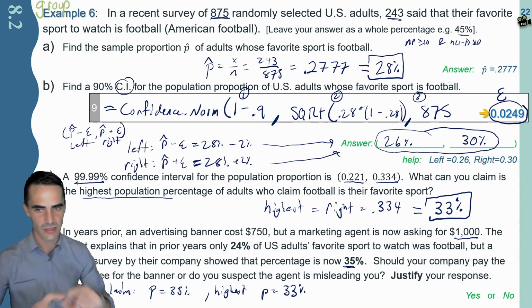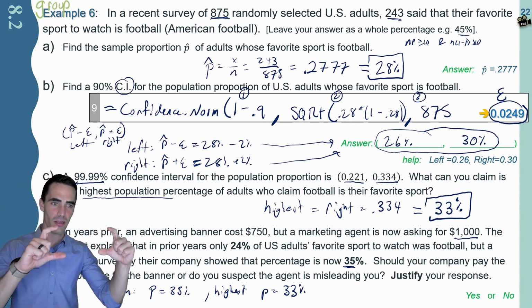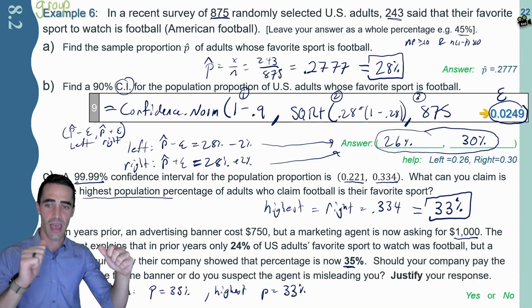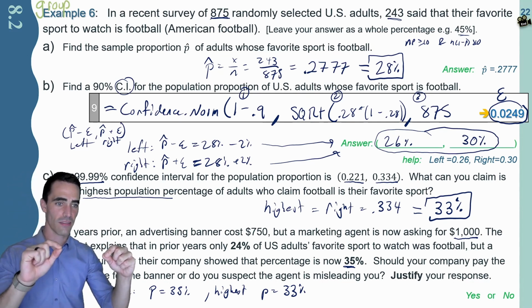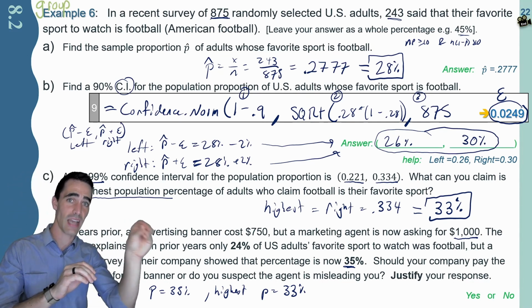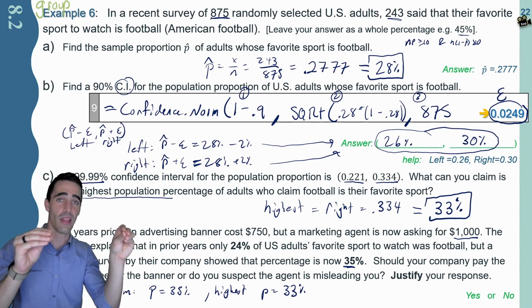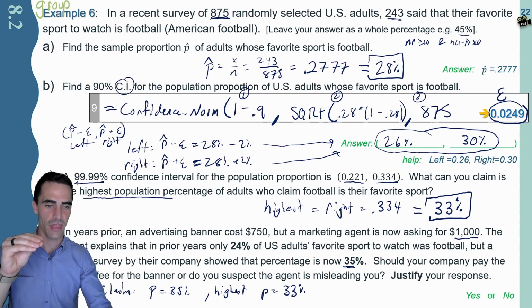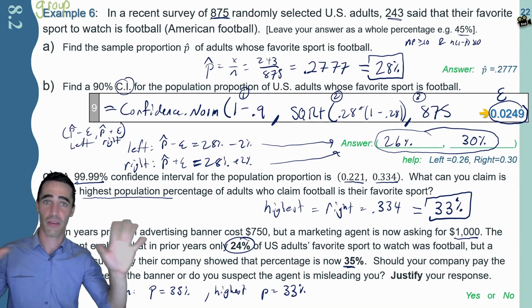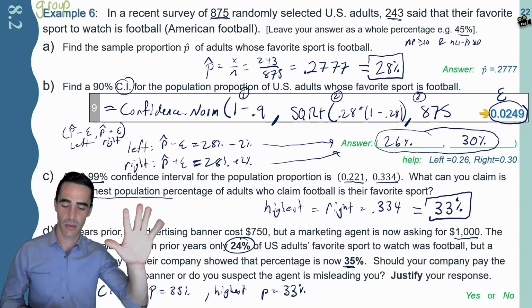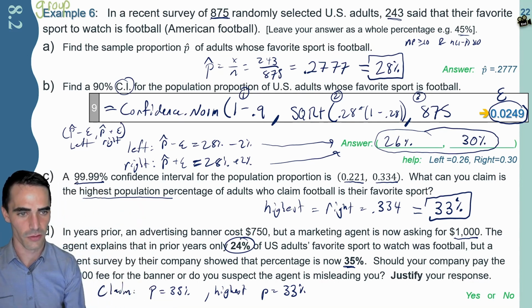And again, all that means is that intervals built in this way have a 99.99% chance of containing the mean. So when I say highest, I do mean that's the highest I can imagine it being. It's equally likely that it's 22%, that it's lower than what it was in the past. So I'm like, hey, benefit of the doubt, the highest I can imagine it being, at least with my confidence interval, is 33. It could even be lower than what it's been in the past.